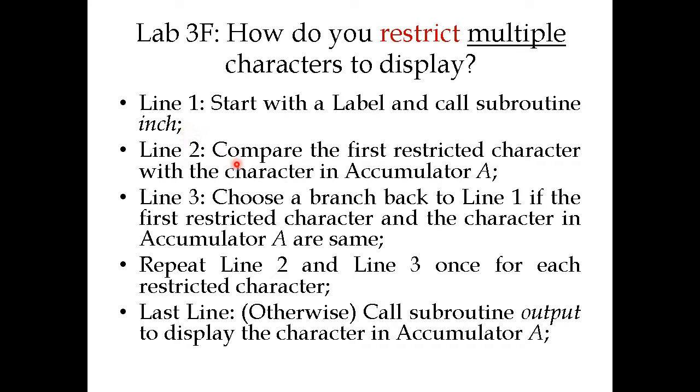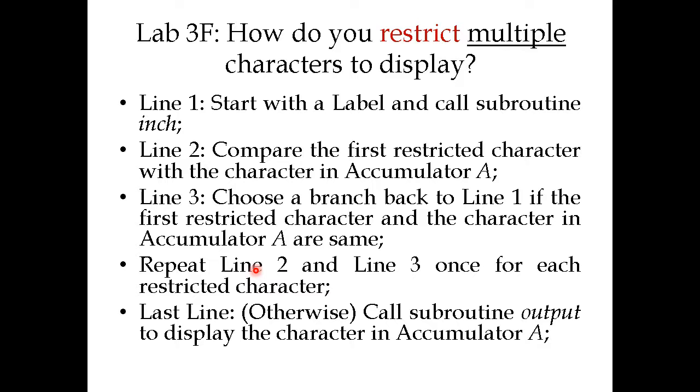In the second line, you compare with a character. In the third line, you select a branch. So most likely you know what branch you need to select. And then for every character you are trying to block, you actually have to repeat line number 2 and line number 3. Because it's possible that you might be blocking more than one character.